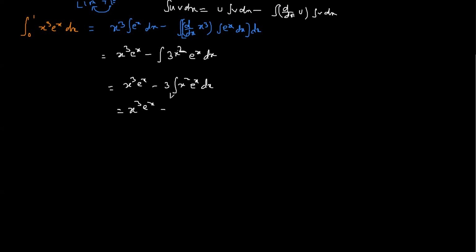You can see here, you can use the UV rule again, right? Aren't we back to the same state, something recursive? So here U is x square.